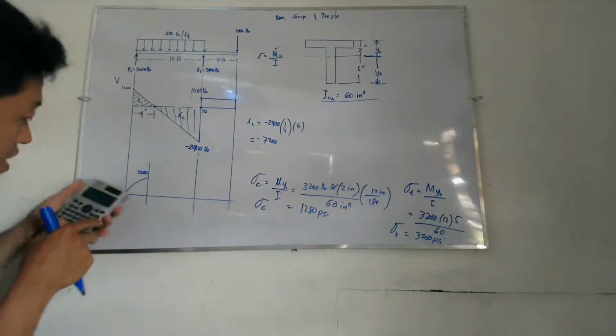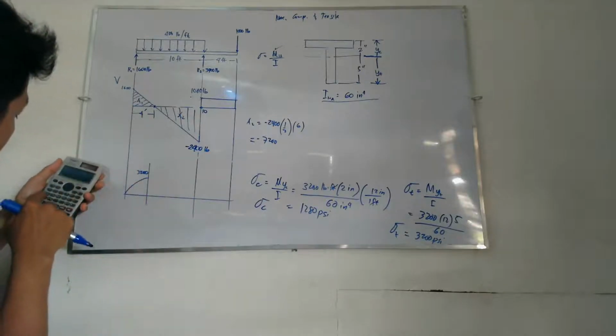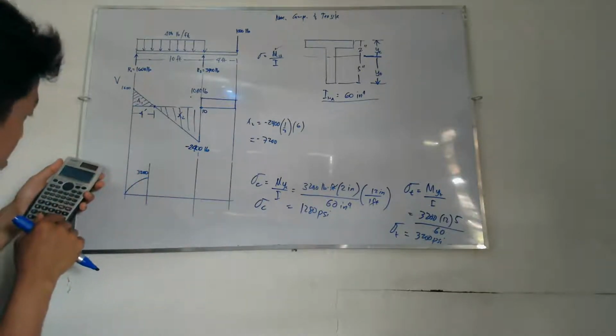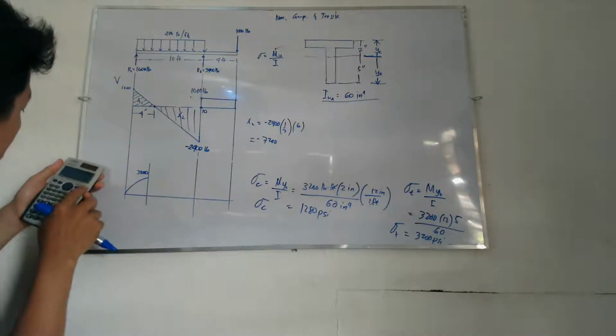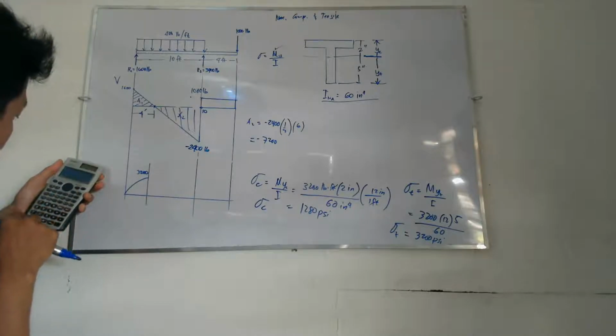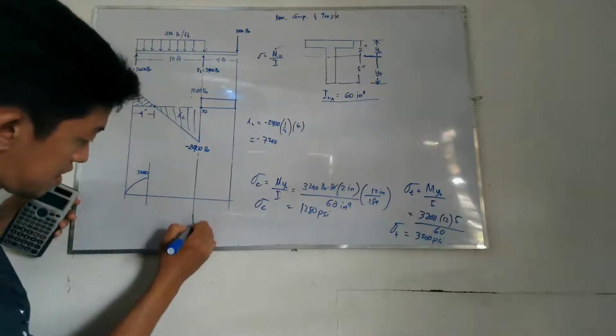Ang negative 7,200 minus 3,200. Negative 4,000 nire.